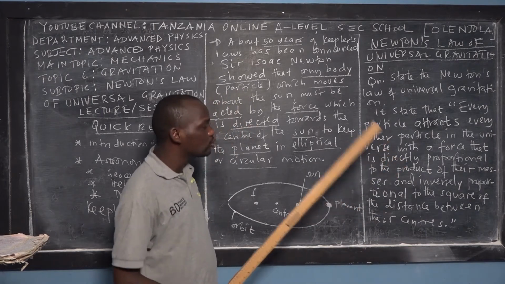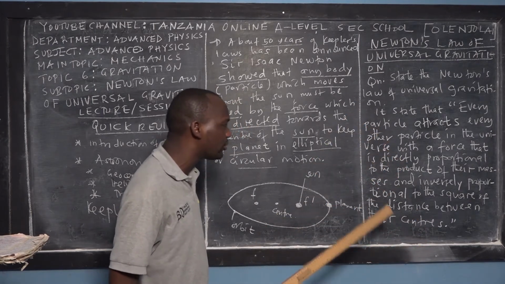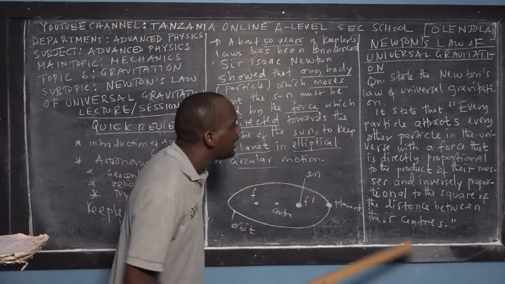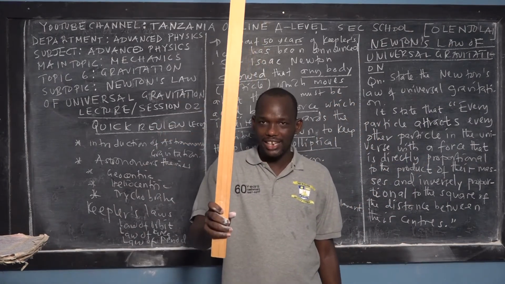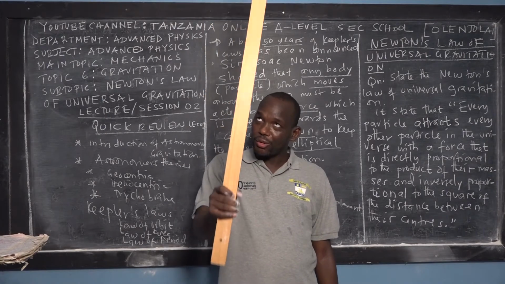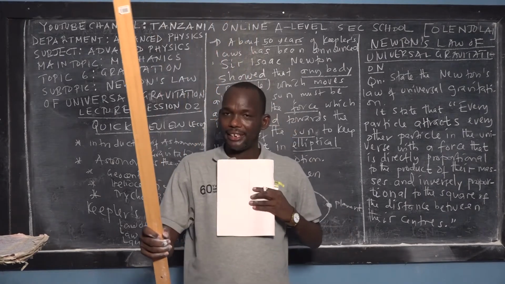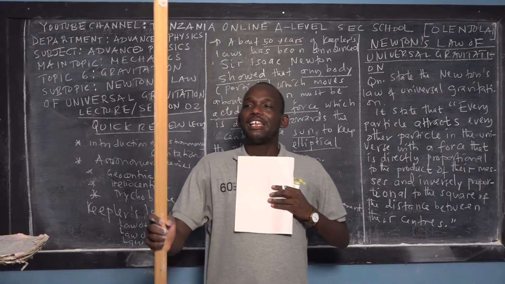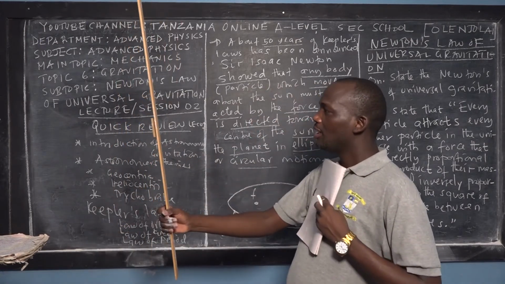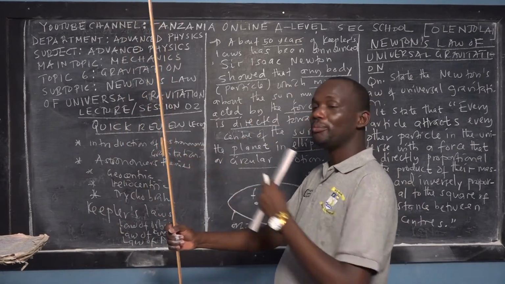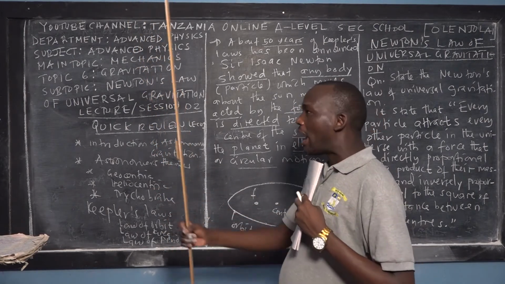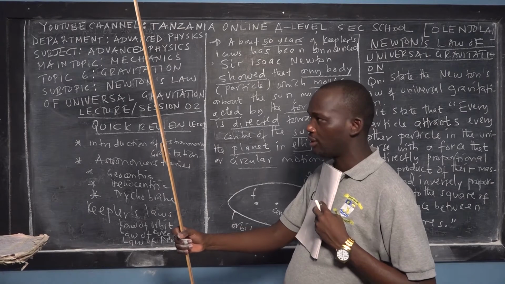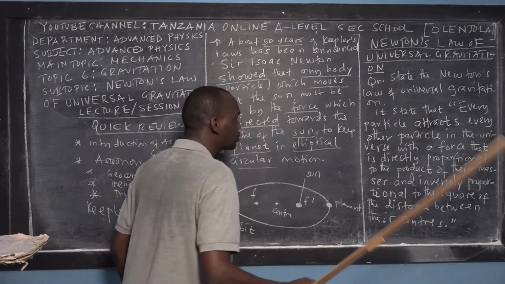Every particle. Is this a particle? Yes. And myself, am I a particle? Yes. So there is a force of attraction between this ruler and me, because this is a particle and I'm a particle. So how do we measure the magnitude of this force of attraction?